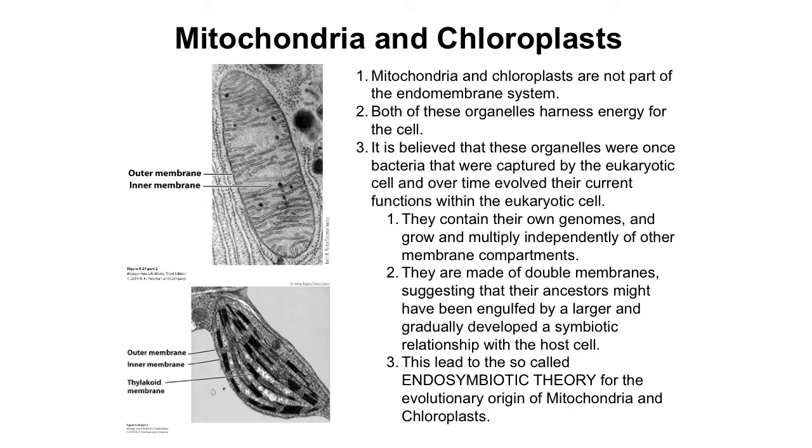So, based on the structural features that biologists observed of mitochondria and chloroplasts, it seems as if they might have a distinct origin as opposed to the endomembrane system. One of the remarkable and intriguing observations is that mitochondria and chloroplasts are not part of the endomembrane system.